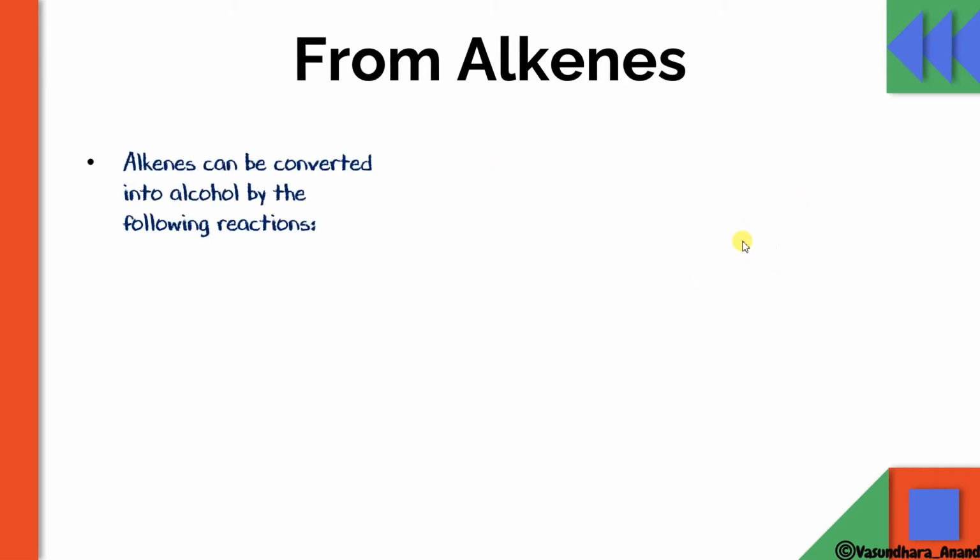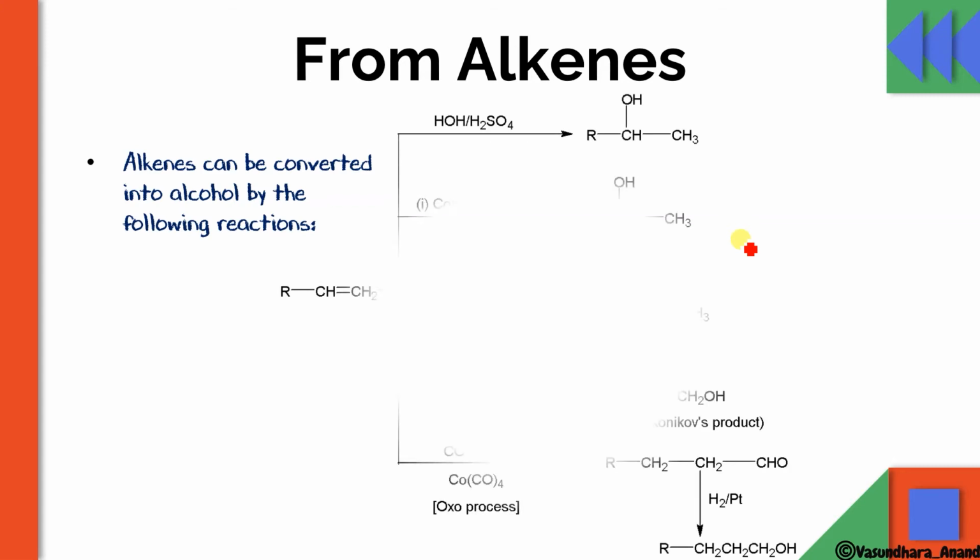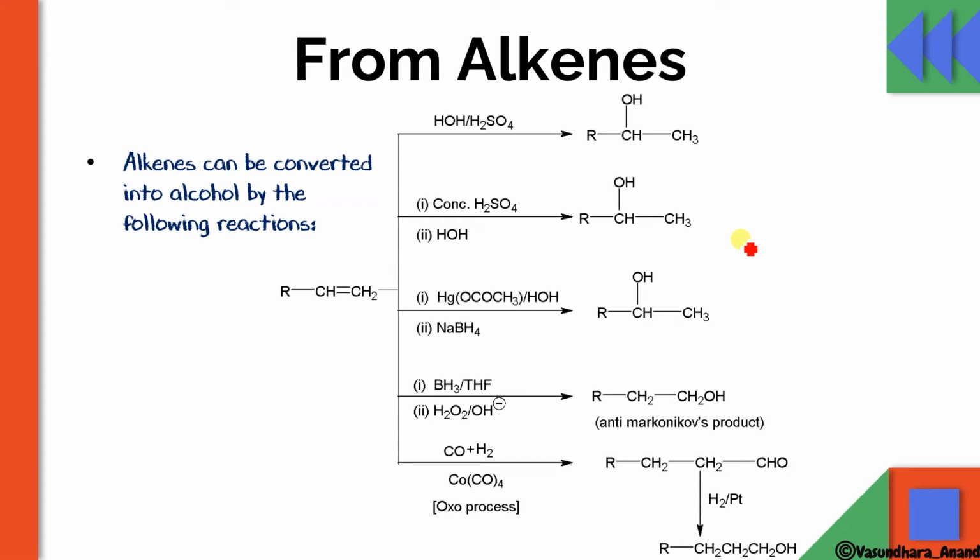Now alkenes: there are lots of ways by which we can prepare alcohol from alkenes. A few methods we have already done in detail, so let me do it in short over here. Alkenes can be converted into alcohol by the following reactions.